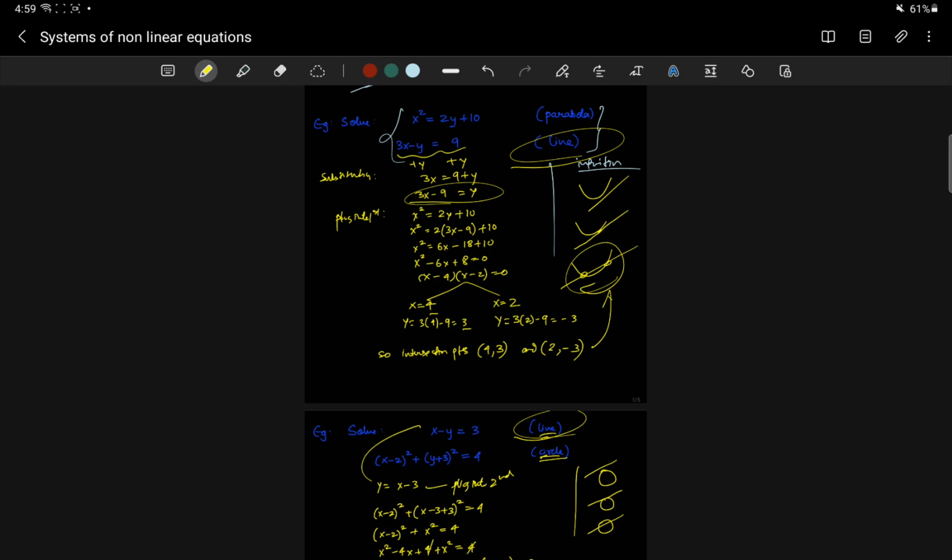Whereas the next method we learn, the method of addition, is useful if both of your shapes are nonlinear, say both circles, or both parabolas, or both some other shape, which we will look at later, which is an ellipse. So that's the particular case.